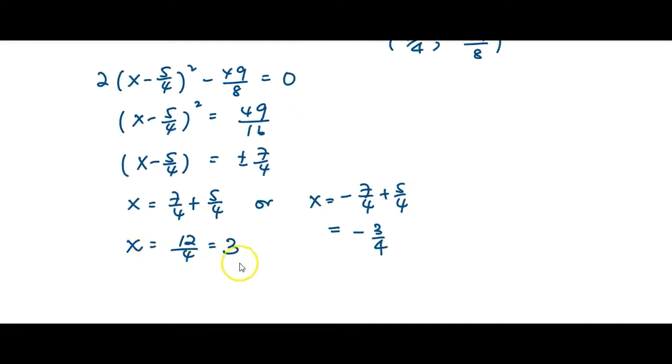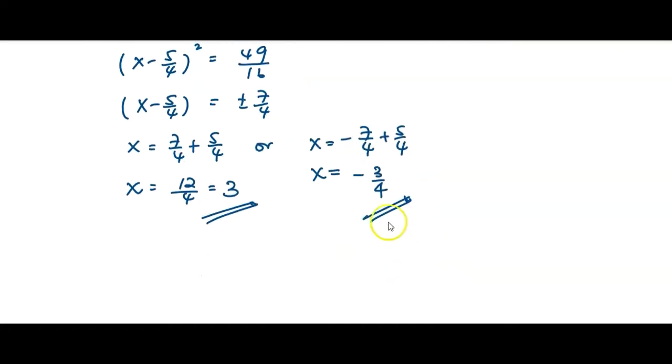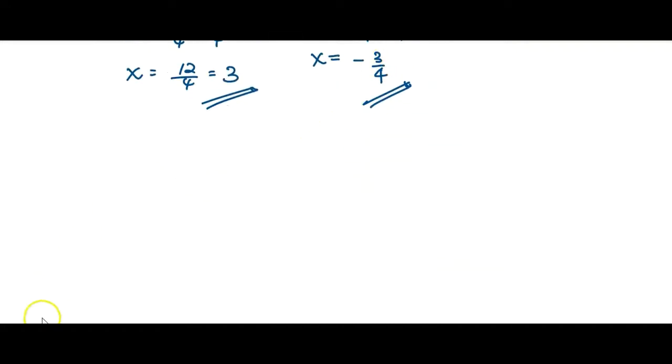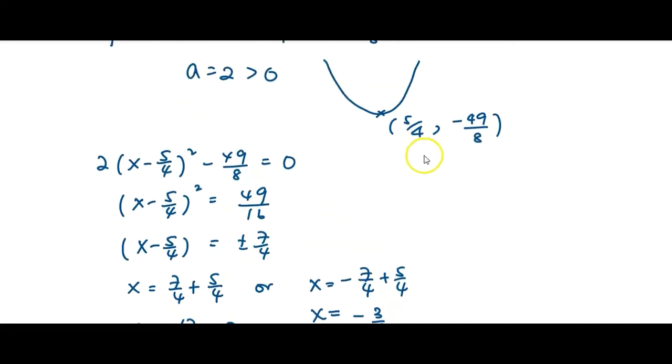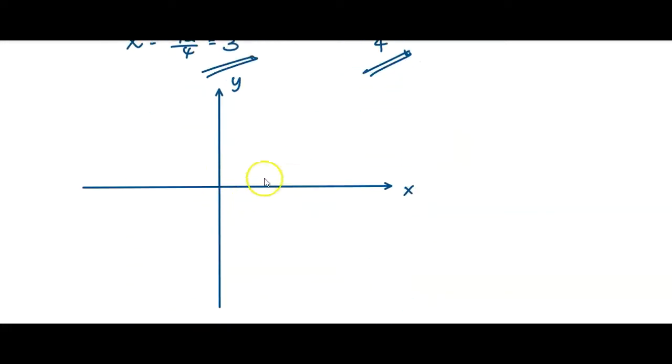After you have solved it, you got the first root, x equals to 3, and the second root is x equals to negative 3 over 4. Now we're going to sketch the graph by preparing your Cartesian plane, plotting the minimum point, that is 5 over 4 and negative 49 over 8. 5 over 4 is maybe around here.